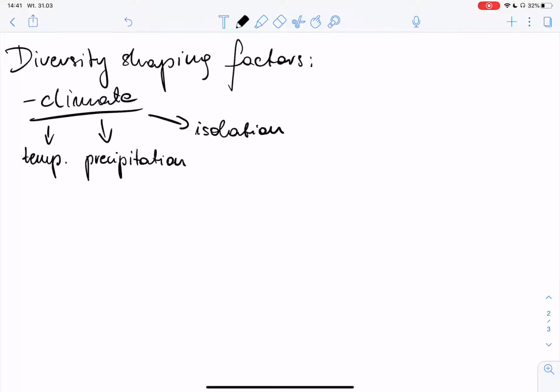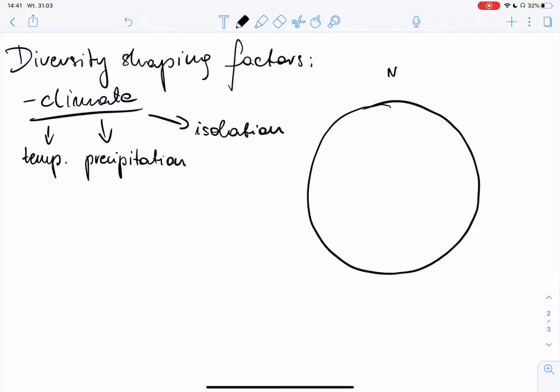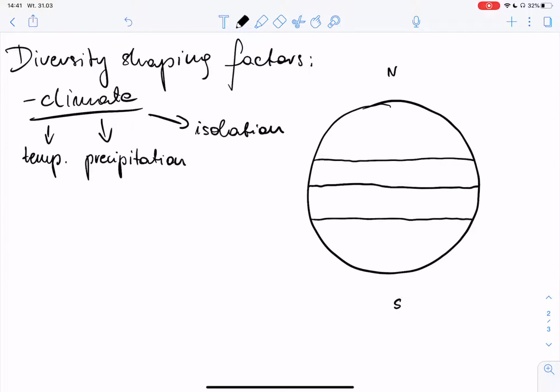This means that some of the areas in the world will have much bigger diversity. Let's say this is world, this is North Pole, this is South Pole. Here we have the equator. Here we have the Tropic of Cancer. Here we have the Tropic of Capricorn. And here we have the polar ring.